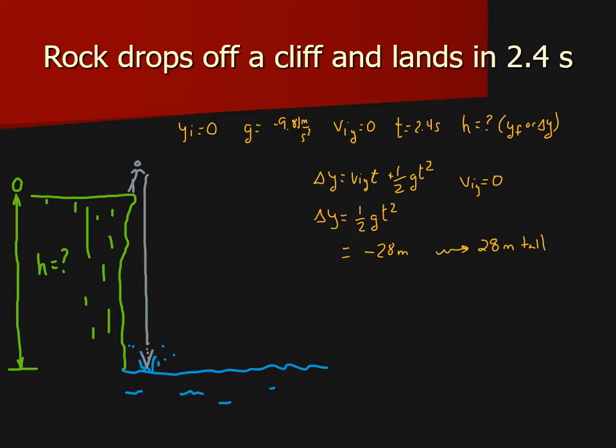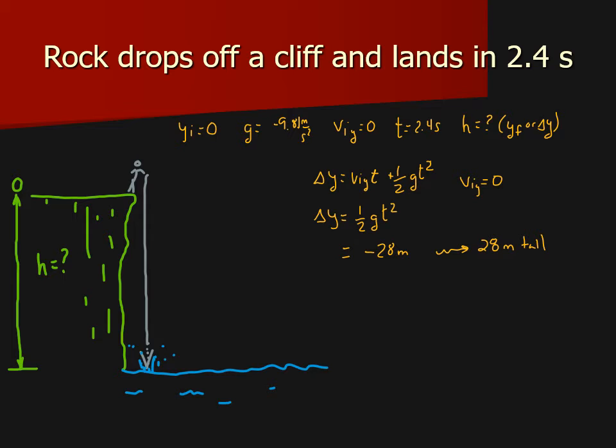Okay, consider this example. We have a rock that is going to simply drop straight off a cliff and land in the water below 2.4 seconds later. What do we know? Initially, at the top of the cliff, we can set the height at 0 and figure out how high the cliff is based on that.